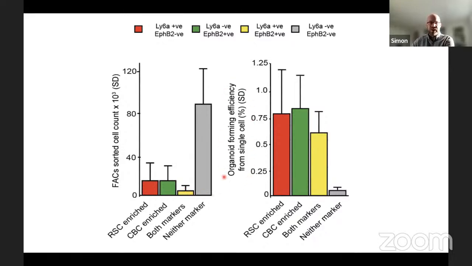And when we plated those cells out from single cell, we could see that the regenerative stem cells here in red and the crypt-based columnar stem cells here in green, and indeed the cells expressing both markers, were all capable of forming clonogenic organoids, whereas cells expressing none were very unlikely to form clonogenic organoids. So what we have here is a population of cells expressing stem cell markers and showing that those cells are then capable of single cell clonogenicity, which is a marker of stem cell behavior.